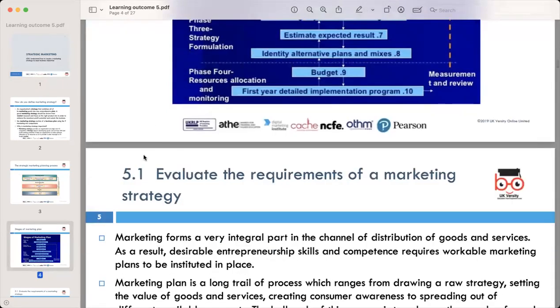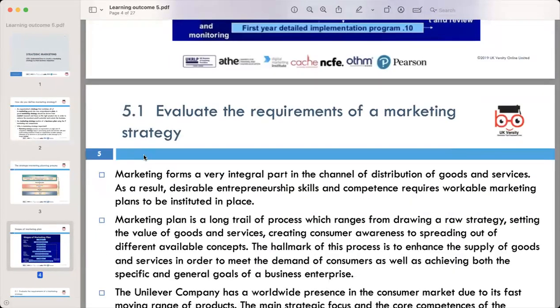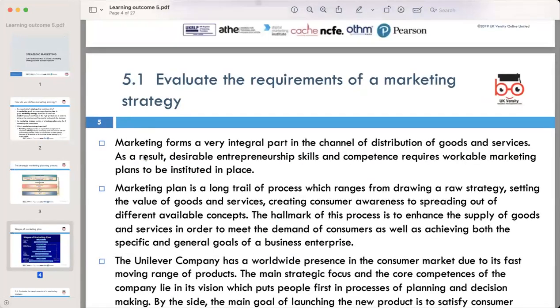Okay, let's move on. The next one is to evaluate the requirements of marketing strategy. Everyone knows that marketing plays a vital role in the distribution of goods and services. So it necessitates basic skills and competence to implement workable marketing plans.